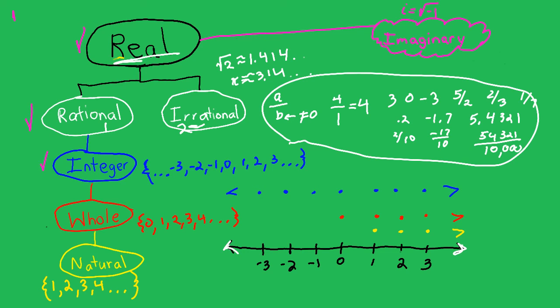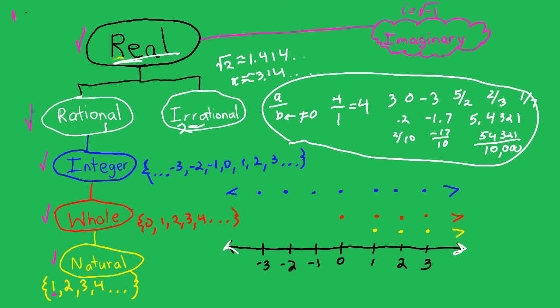It's an integer, it's a whole number, and it's a natural number. But we could also have just said, since it's a natural number, 1, 2, 3, 4, and 1 is included in that, it is also a whole, integer, rational, and real. But that's what 1 is: real, rational, integer, whole, and natural number.